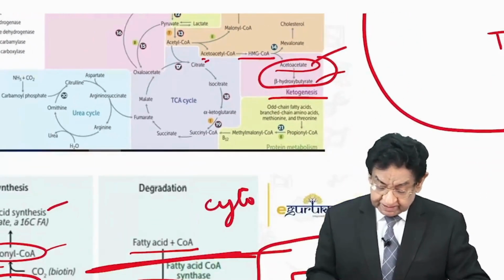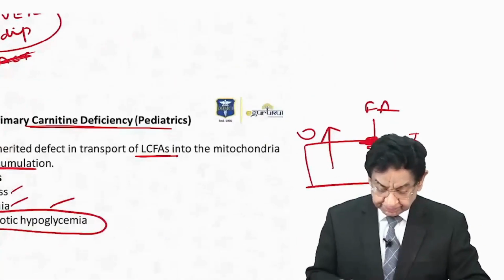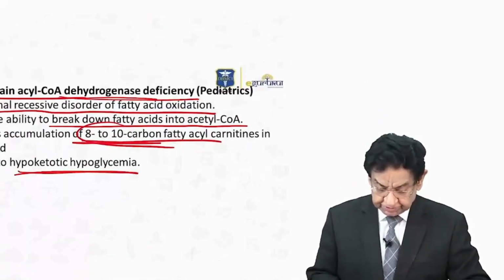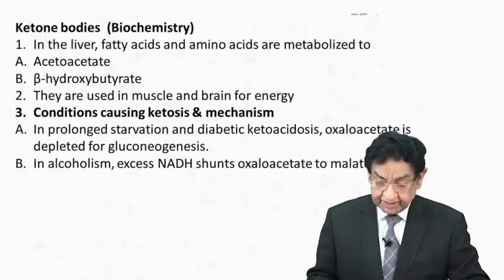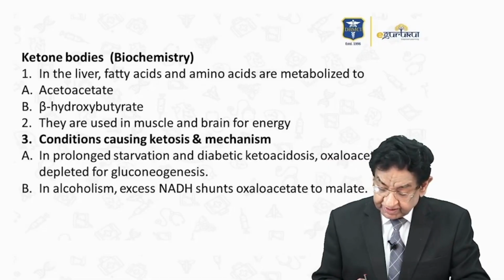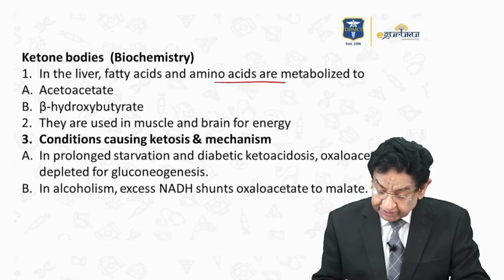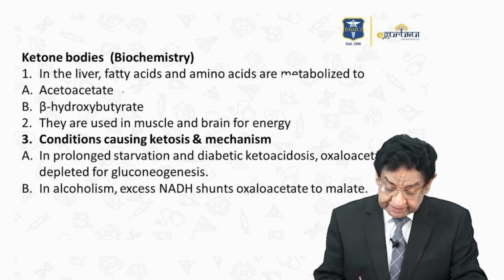So let's learn more about the ketones. Ketone bodies, we read about in biochemistry. In the liver, fatty acids and amino acids are metabolized to acetoacetate and beta hydroxybutyrate.